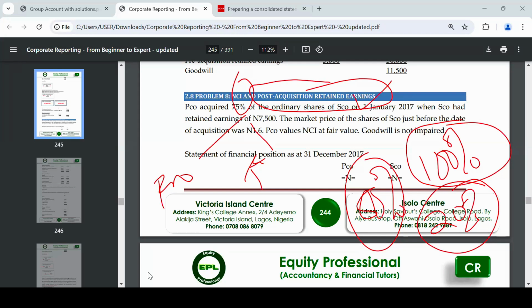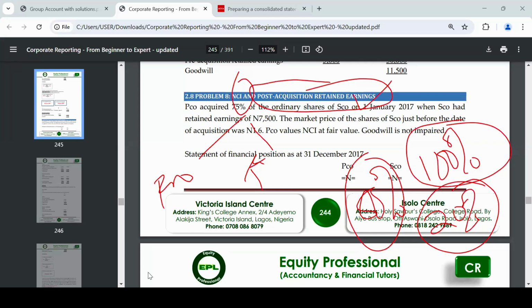Okay, I'll move on. Now, you would recall that under normal circumstances, if you remember your IAS 38, you will not see goodwill under the assets of any company in their separate financial statements.